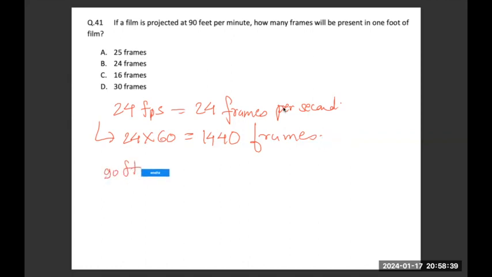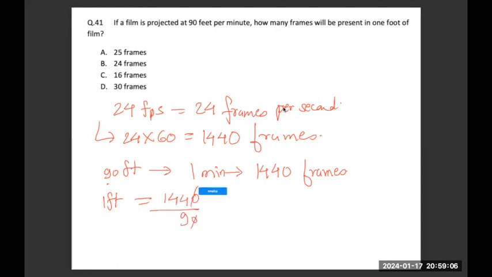90 feet is the projection for 1 minute, and it consists of 1440 frames, which means 90 feet will eventually have 1440 frames. So 1 foot of projection will have 1440 upon 90, which is equal to 16 frames.